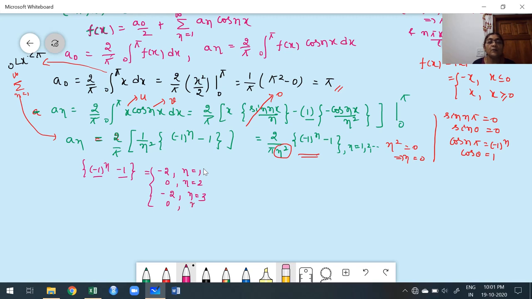In even cases, what we get? 0. Therefore, combining these two, minus 1 to the power of n minus 1 can also be written as minus 2 if n is odd, 0 if n is even.